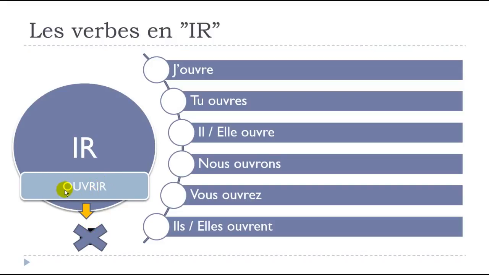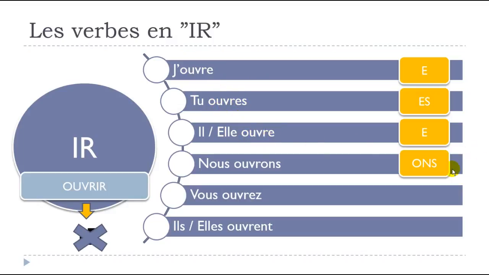So you'll get the form ouvr, and then after that you will add the endings: e for je, so that's the reason why you get j'ouvre. For tu, you will add es, and that's the reason why you will get tu ouvres. For il, elle, you will add e, ouvre. Basically you get the same phonetic form here. It's the same pronunciation, but you should write it ouvre, ouvres, ouvre.